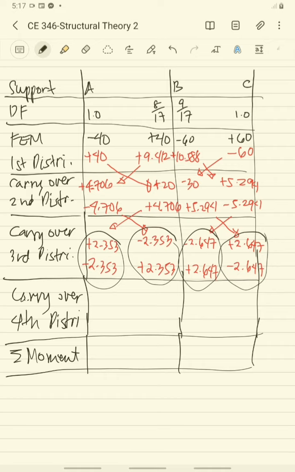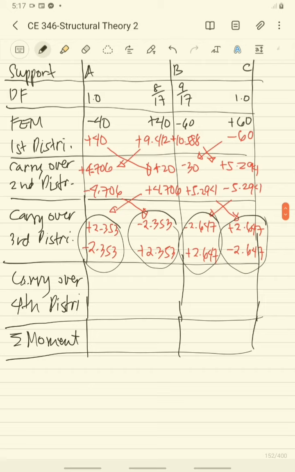But there are some problems where we can get the answer up to the fourth distribution. You have to check the values. If the value is already okay to stop, then you have to stop. So now I have to stop at the third distribution only.